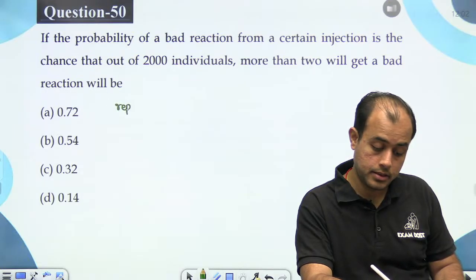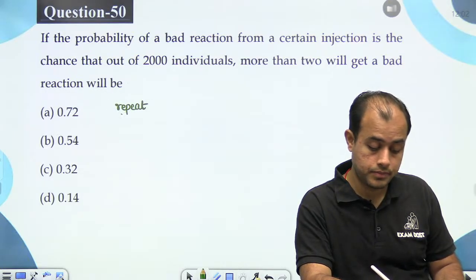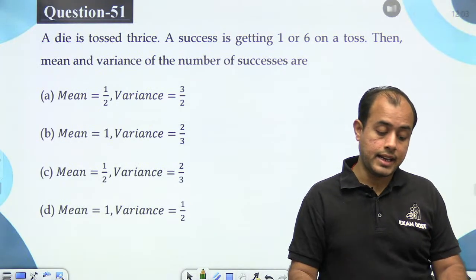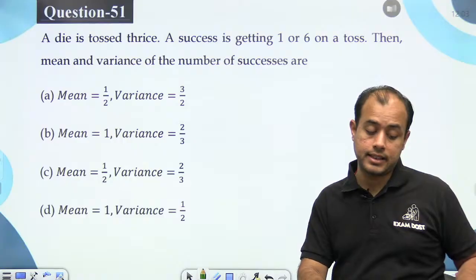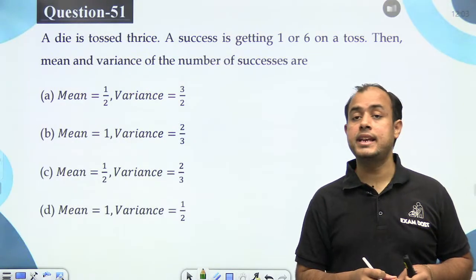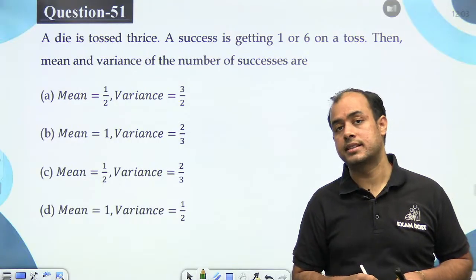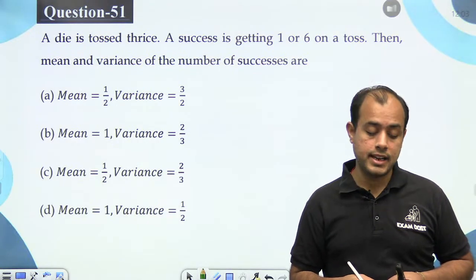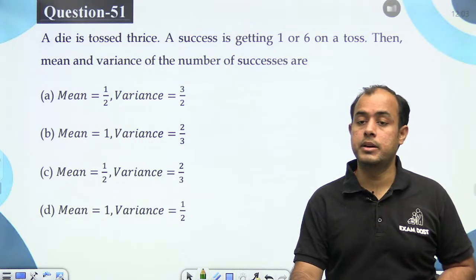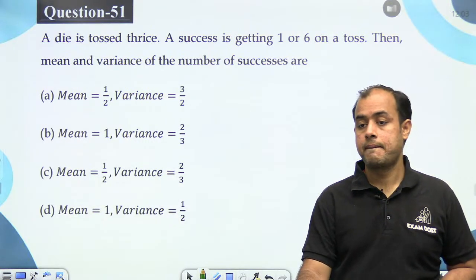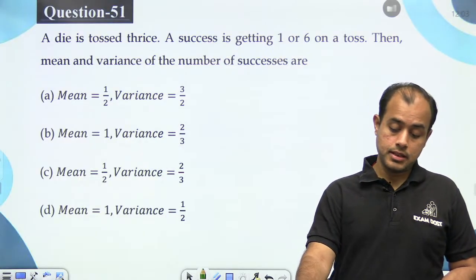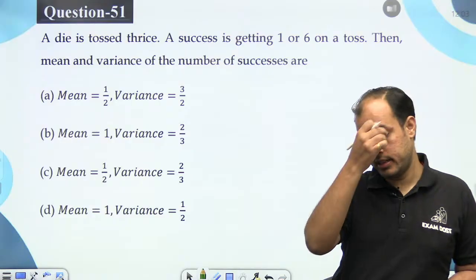This is a repeat, actually. A die is tossed thrice. A success is getting 1 or 6 on a toss. Find the mean and variance of the number of successes. Come on, everybody. Tell me quickly, what will be the mean and variance?